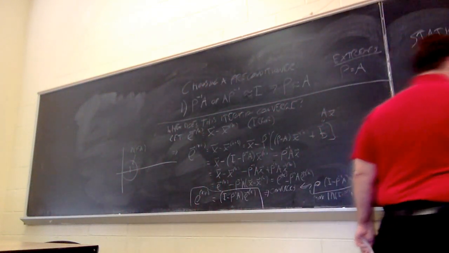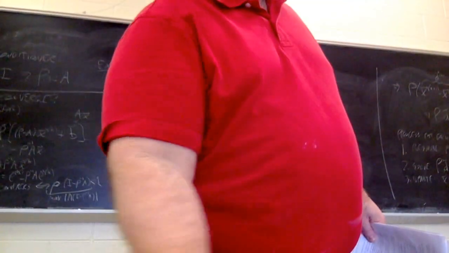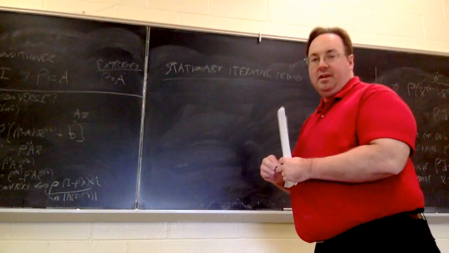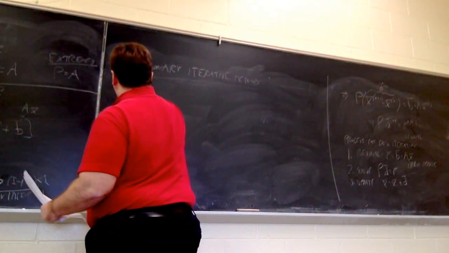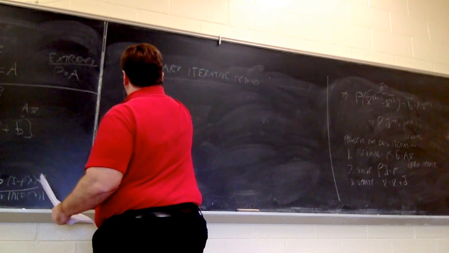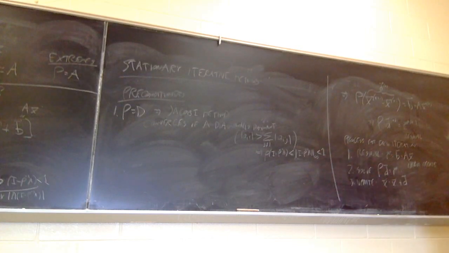So now certain specific preconditioners. Well, I brought this up earlier, but now I can say more about it. Interrupted again. Because the infinity norm is the maximum row sum.